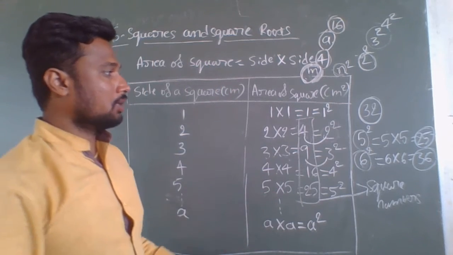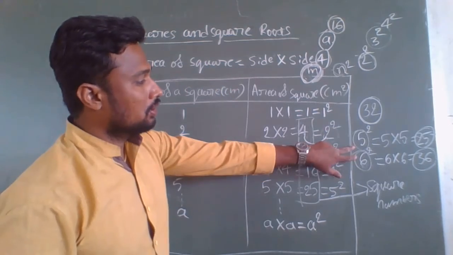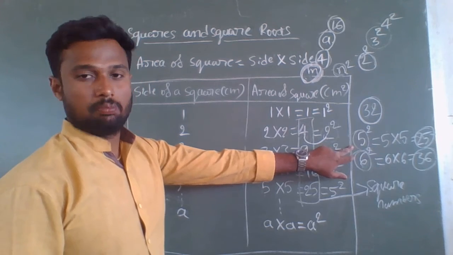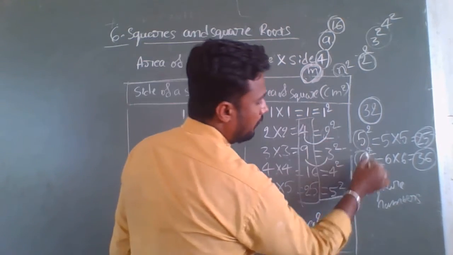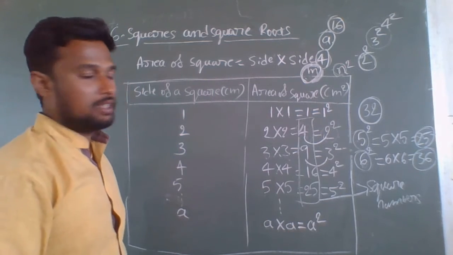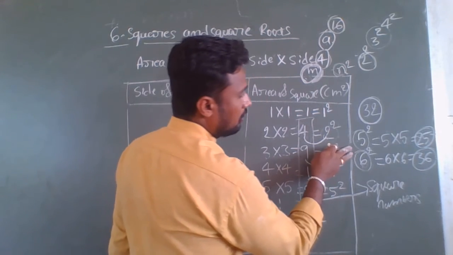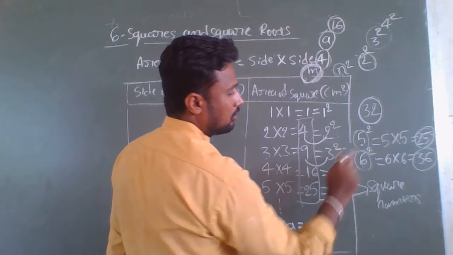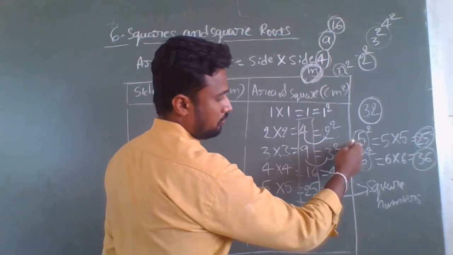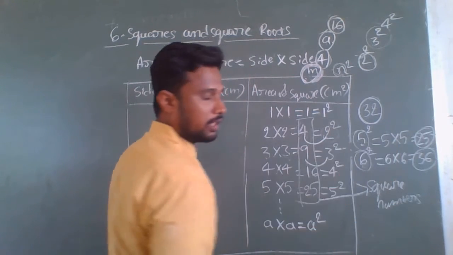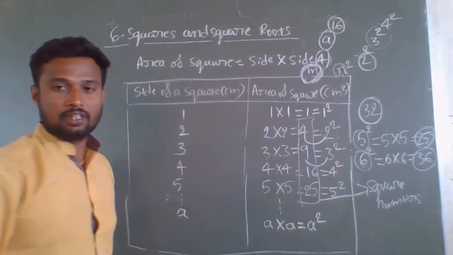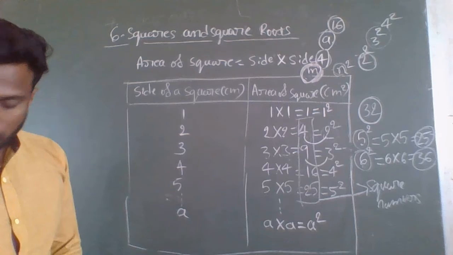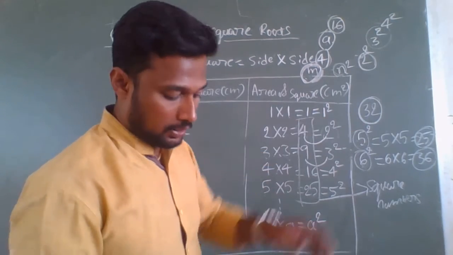If it is a square number, there should be one natural number, but here it would have to be between 5 and 6. When you multiply two natural numbers two times, 5 into 5 gives 25 and 6 into 6 gives 36, but you are not getting 32.